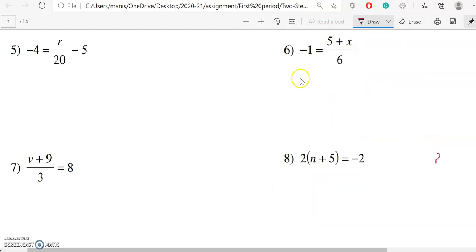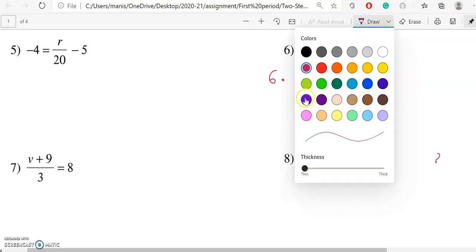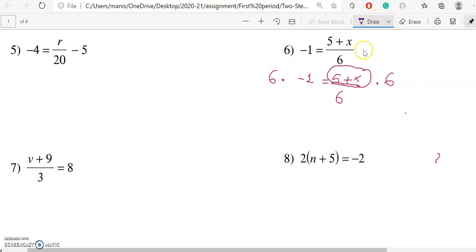Okay, so right over here, negative 1 is equal to 5 plus x divided by 6. So I will circle this part over here and I'll multiply by what? 6. So like we have been doing in previous questions, 6 divided by 6 is gone.